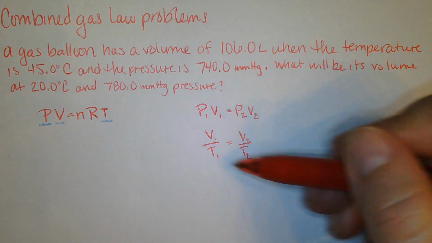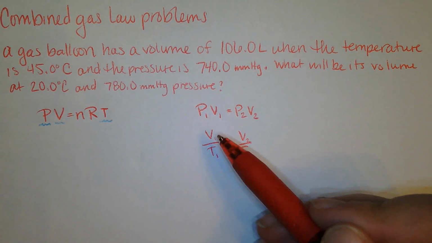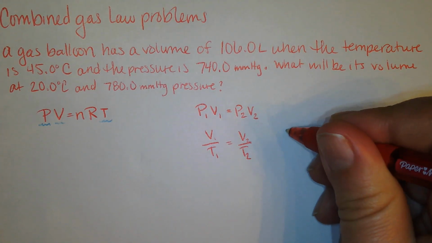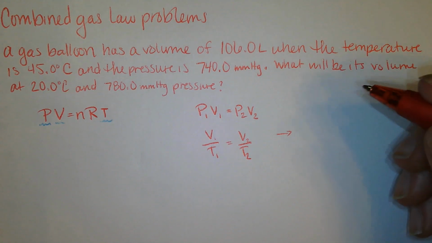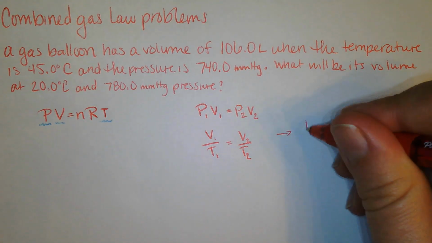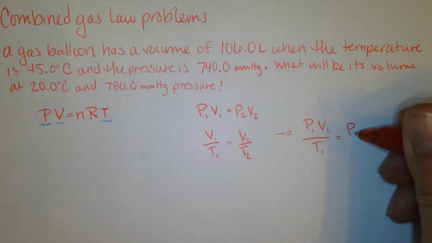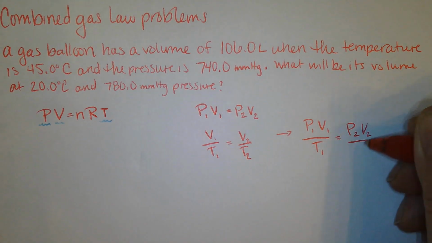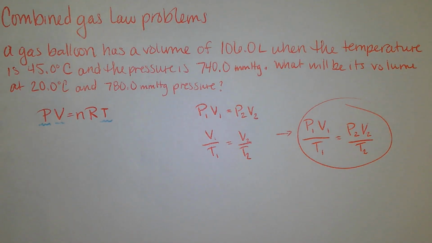Can I put these together? The P and the V get multiplied, the T gets divided by the V. If I just smush them together, and there's not really any math behind this method, it's P1V1 over T1 equals P2V2 over T2. So this is the law we're going to use.